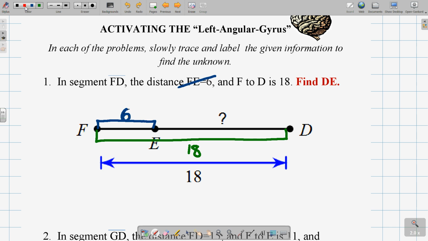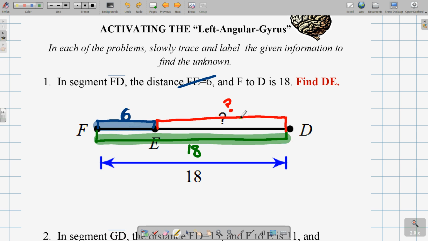You're going to find D to E. I'd like you to bracket D to E. Unknown. One more time, I'd like you to trace F to E, 6, F to D, 18, E to D. You have 10 seconds.